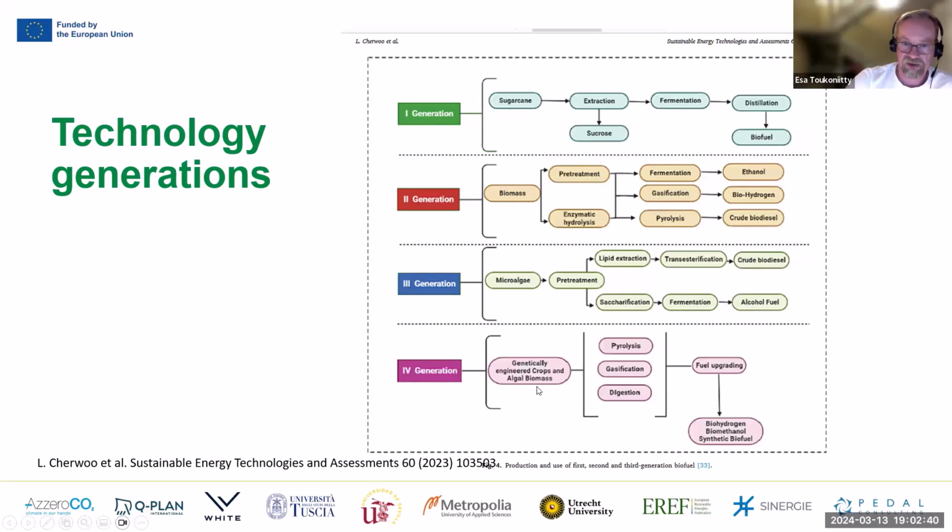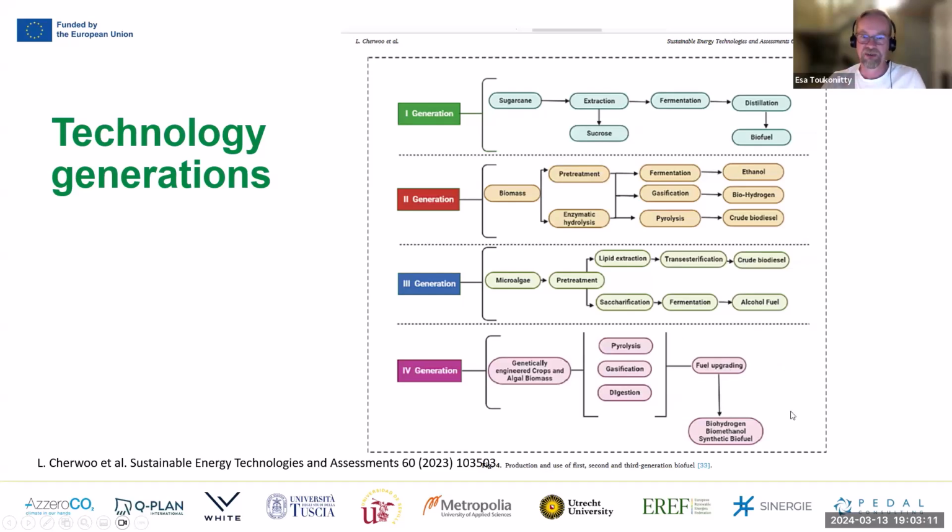And the fourth generation here is, well, energy crops, algae, biomass, and so on, with techniques treated with pyrolysis or gasification or some digestion to make basically biofuels. Here, hydrogen, methanol, and synthetic biofuel.